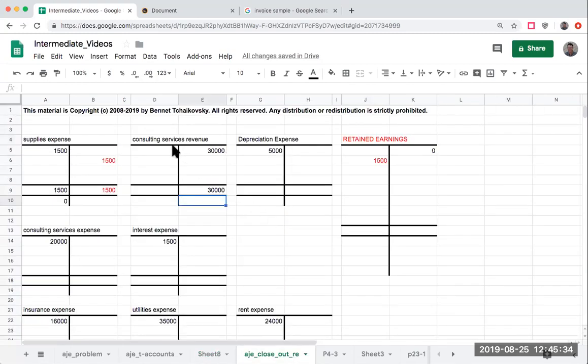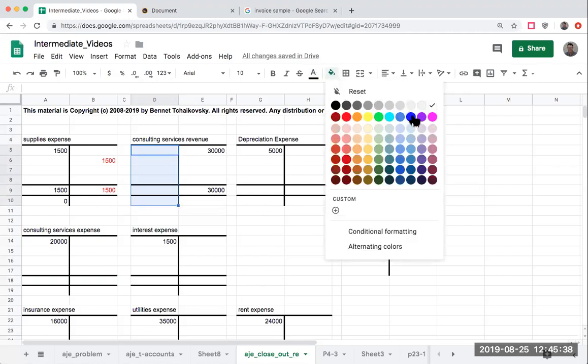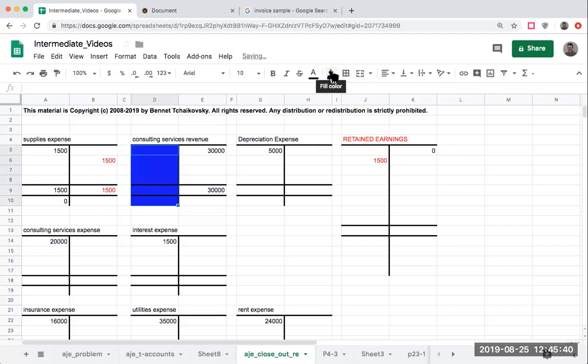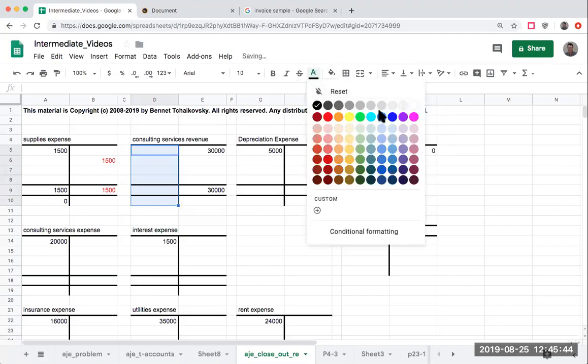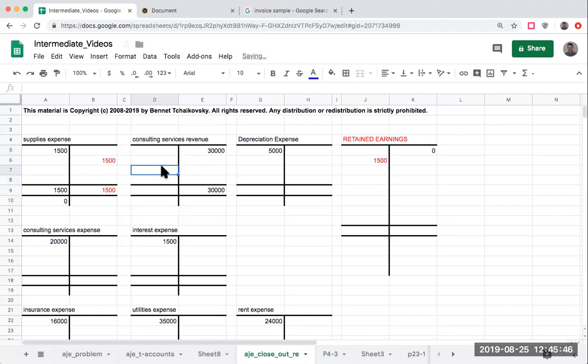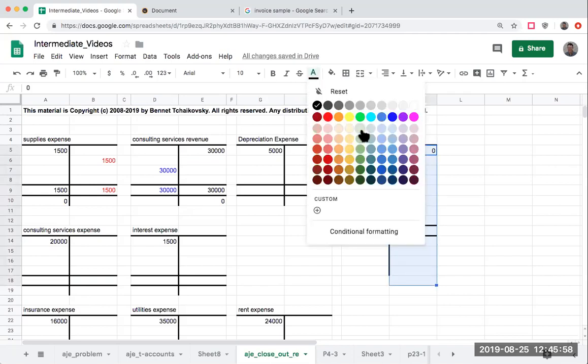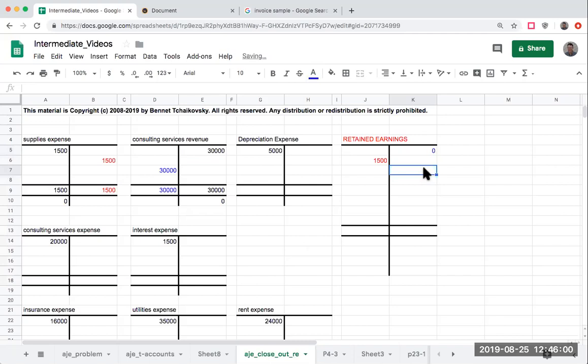So right over here, to make this account 0, what am I going to have to do? I'm going to have to debit consulting services revenue for $30,000. This will basically then make this account 0. And for every debit, I need a credit. So what I'm going to do over here is credit retained earnings for $30,000.